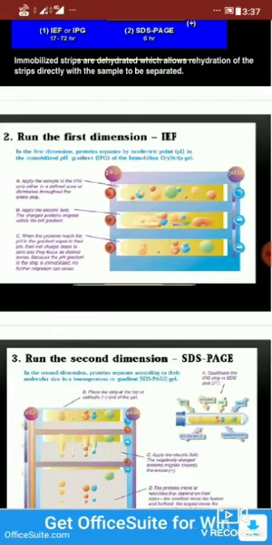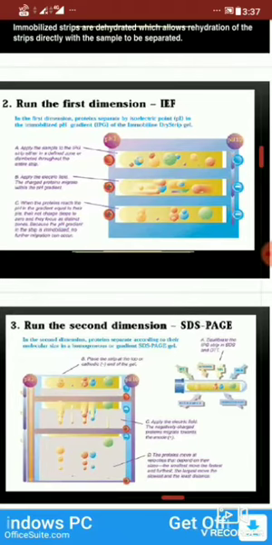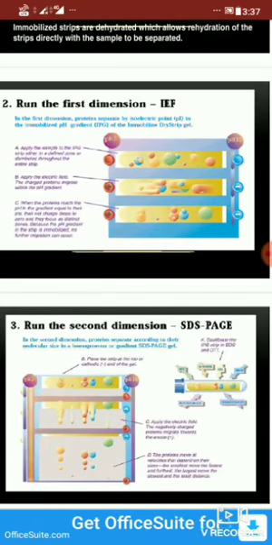So here we have the platform on which 3 different IPG strips have been kept, and you can see the sample is placed on one corner, and there is a pH gradient, pH 3 on the left to pH 10 on the right. So proteins, when you apply the electric current, they start migrating.